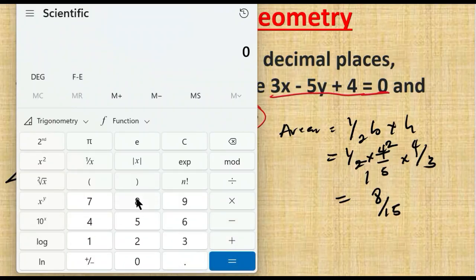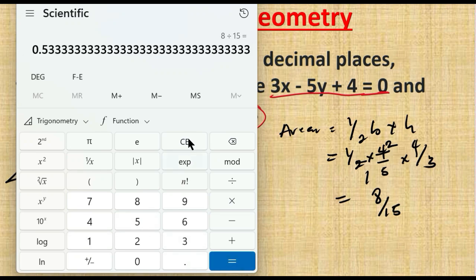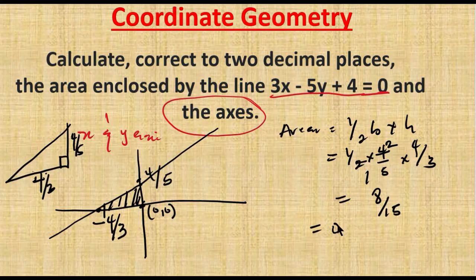That will be 8 divided by 15. That equals 0.53 units squared. That will be the area of that portion.